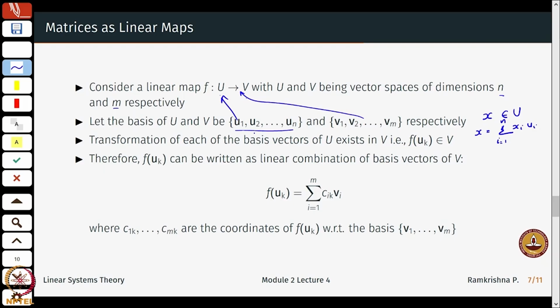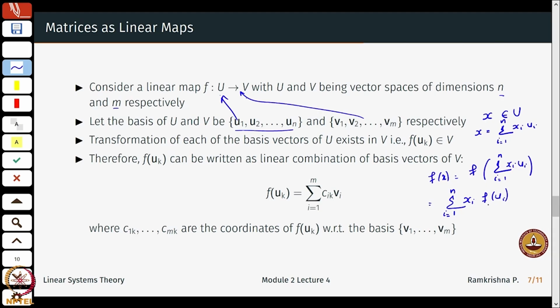Now, if I take this map, let us say f of x is f of the summation of xi ui. What I know is that I am looking at linear maps, so because of the linearity this will be summation i equal to 1 to n of xi times f of ui.